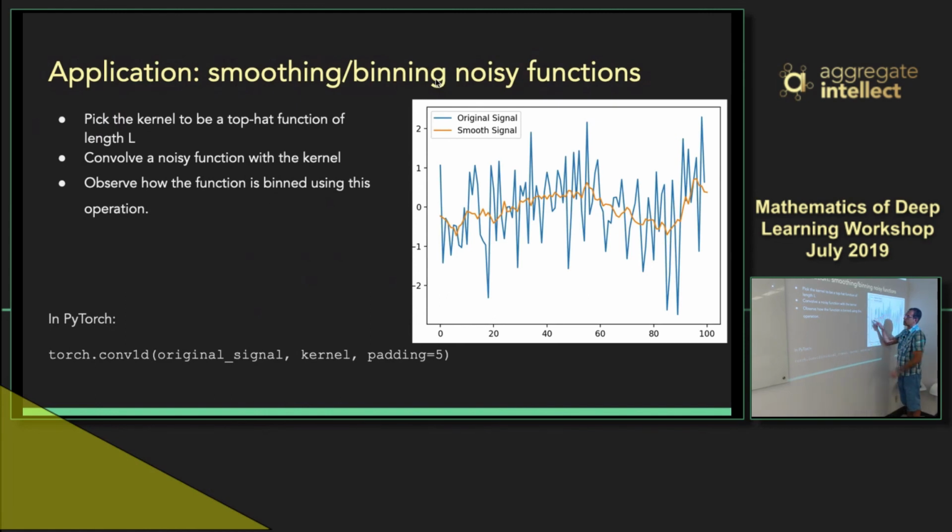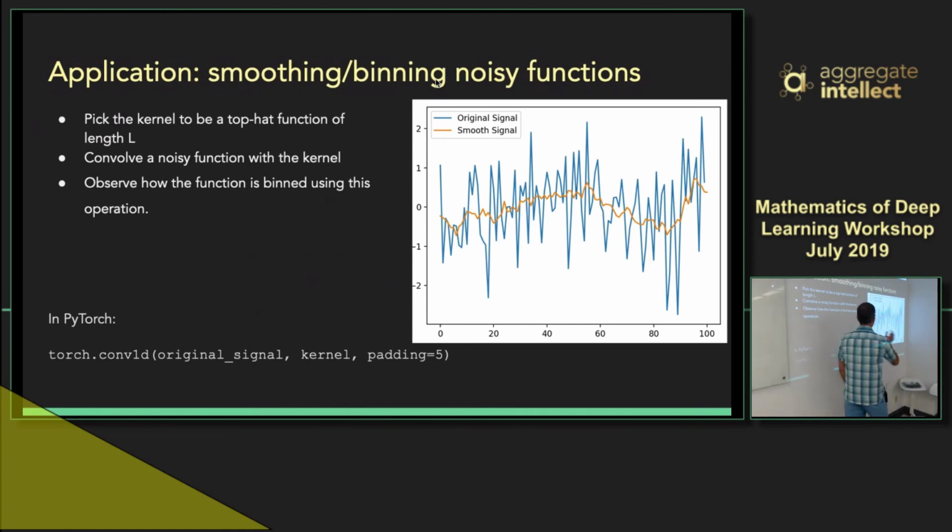And then we convolve this with that. What it does is, if you think about it, you take this function, multiply it by 1, and then sum it up. So what you're doing is actually you're binning it between 0 and 10. You know what binning is?